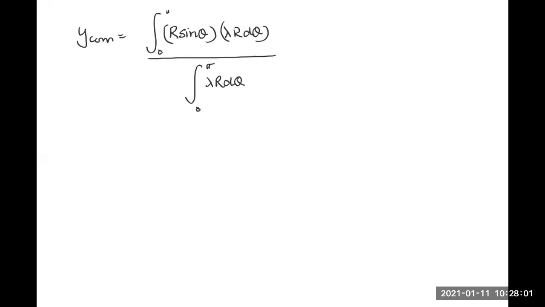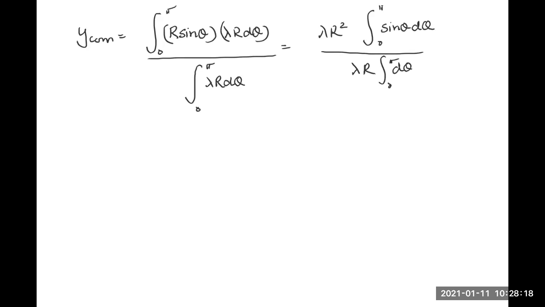This is equal to lambda r square integral of sine theta d theta divided by lambda r integral d theta, 0 to pi, which is equal to r into minus cosine theta from 0 to pi divided by theta from 0 to pi.